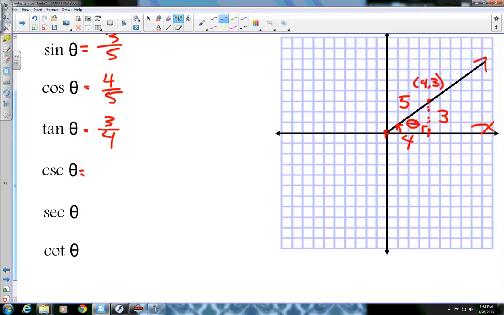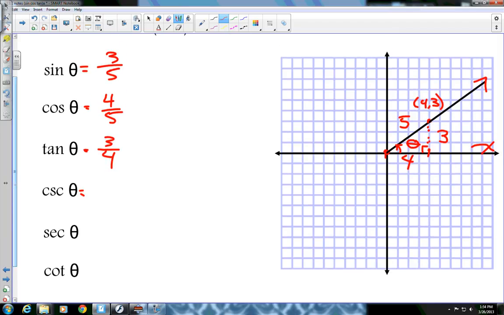The next ones are all reciprocals. So cosecant is 5 over 3. Secant is 5 over 4. And cotangent is 4 over 3. Your first problem on your worksheet is exactly this problem with different numbers.